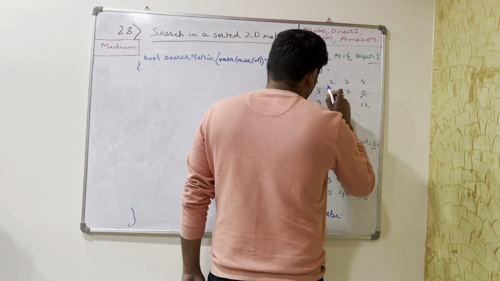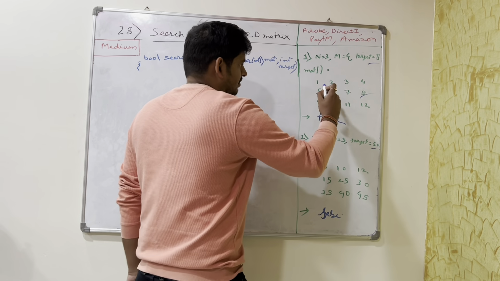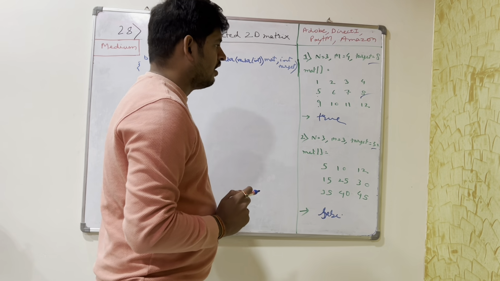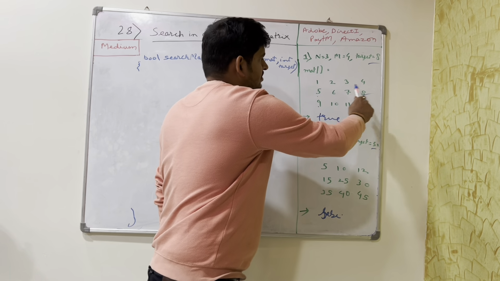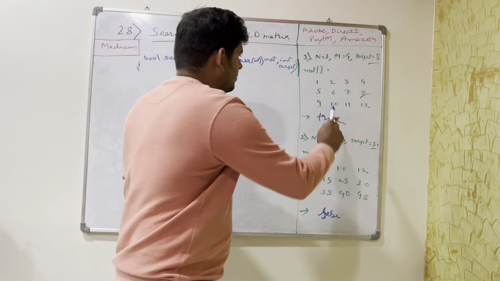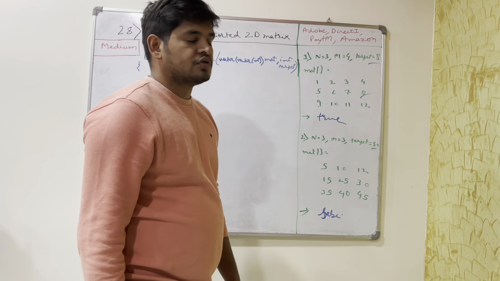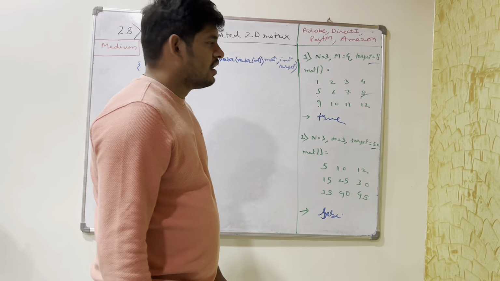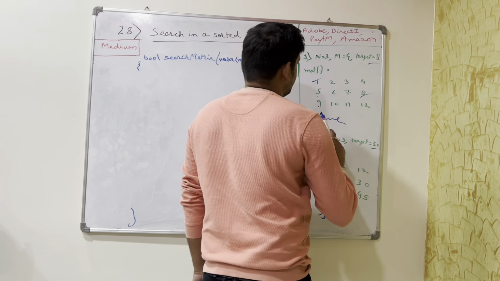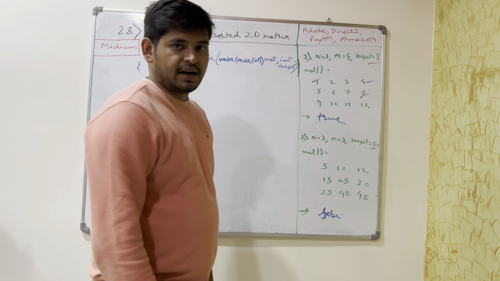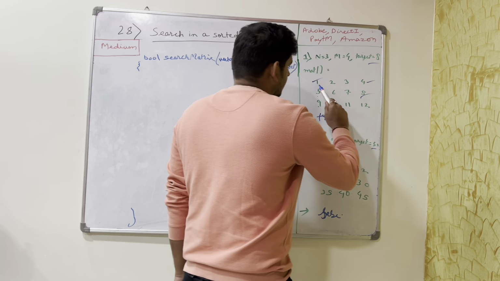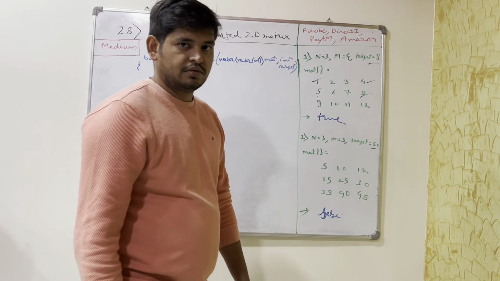If we see this first row, can we use the binary search in this first row? Because this row is sorted, right? So how do we use it? We know the first element and the last element, right? So is there any point of doing binary search in every row?